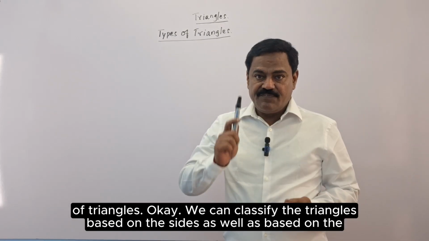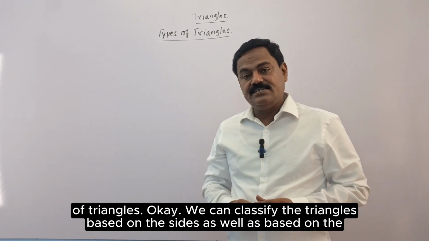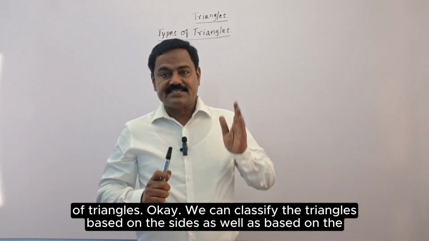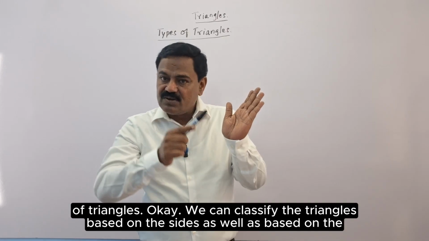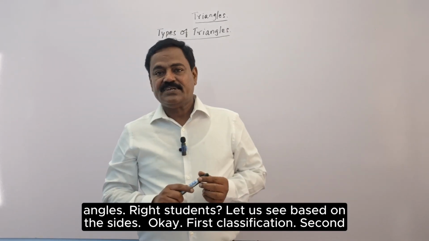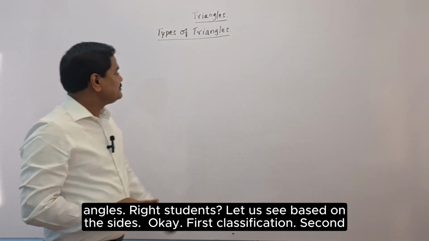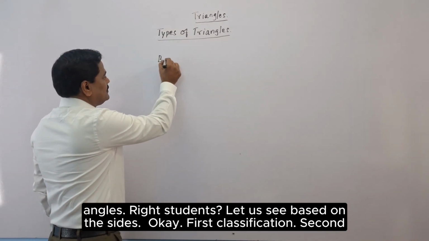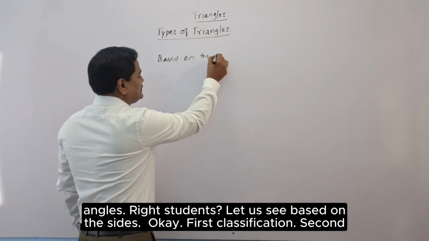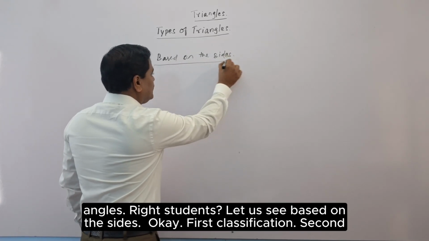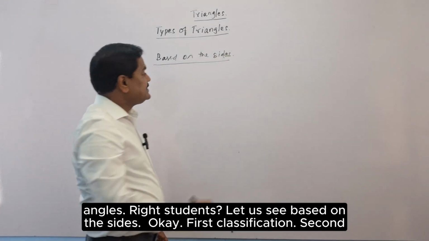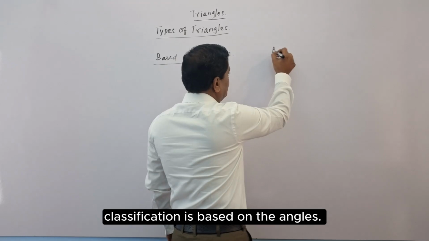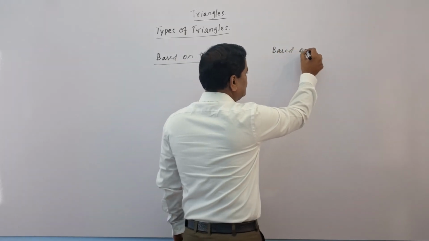Now let us discuss the types of triangles. We can classify triangles based on the sides as well as based on the angles. Let us see based on the sides first. The second classification is based on the angles.